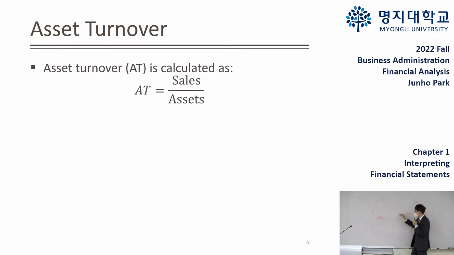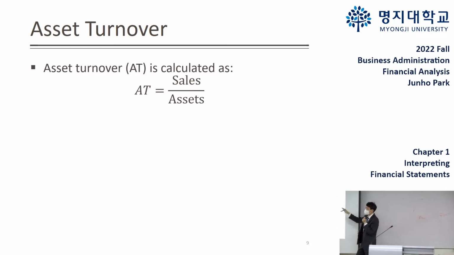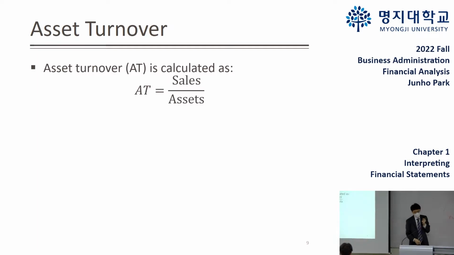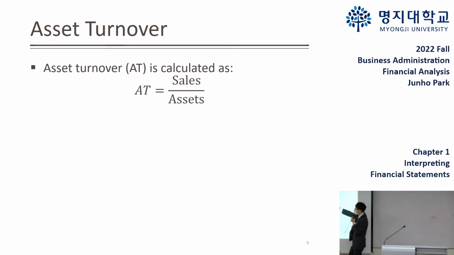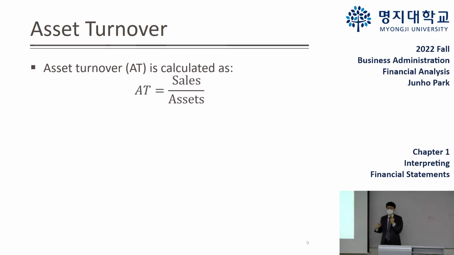So this is how you create $1,000 in sales from $100 of inventory. That's why we call it asset turnover. So by dividing sales by assets, you can simply calculate how many times you are able to clear your inventories and fill them again.